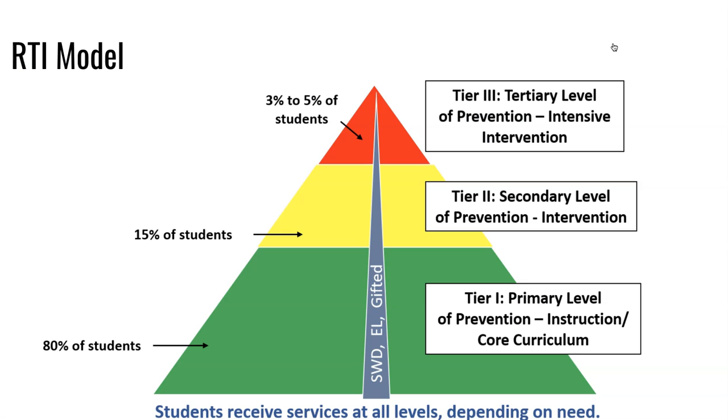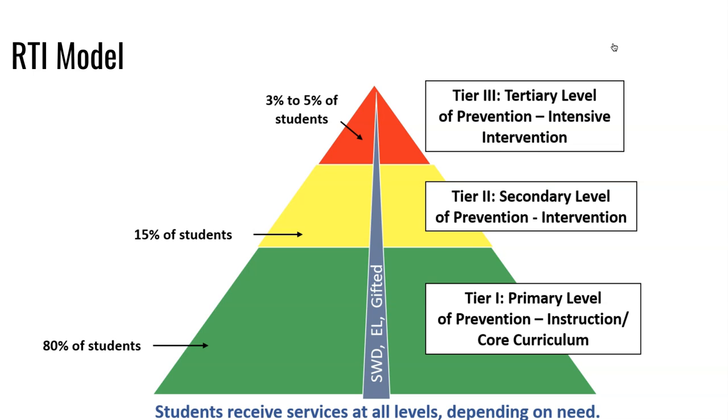So, the RTI model, the response to intervention model, really got big in the late 90s, early 2000s. And what was happening prior to this was that the parent or the teacher would refer the child for speech therapy, for special education.